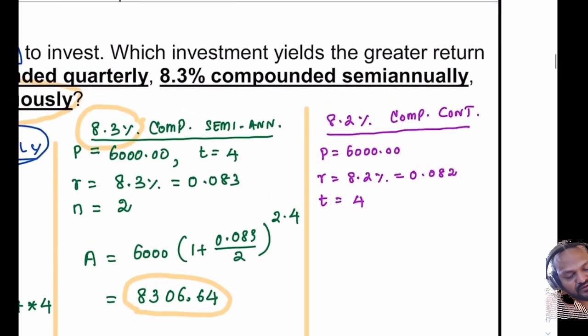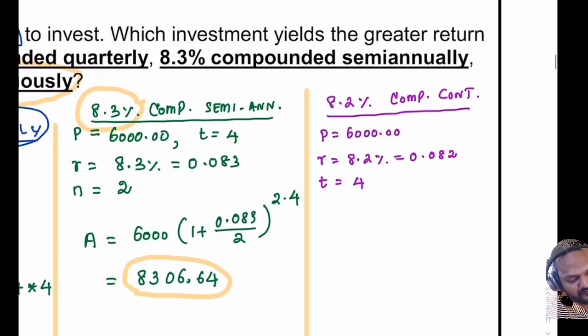So if I plug this into the formula, ladies and gentlemen, the amount A that you will have after t years would be P times e to the RT, where e is the irrational number, which would be 6,000 times e to the 0.082 times 4.